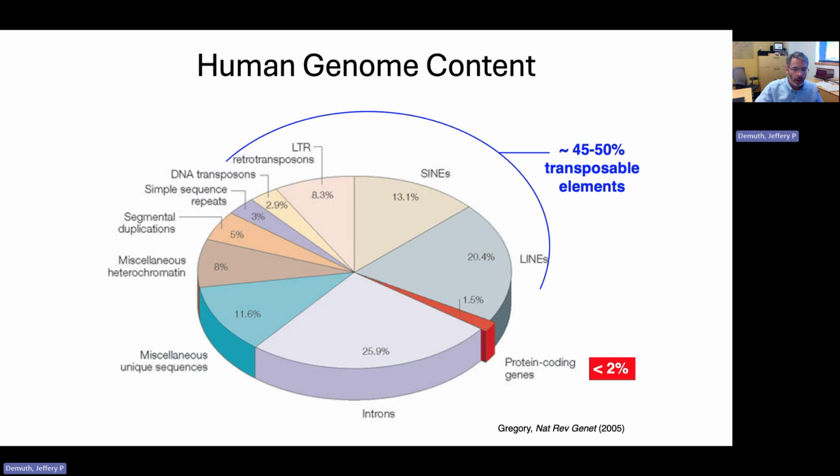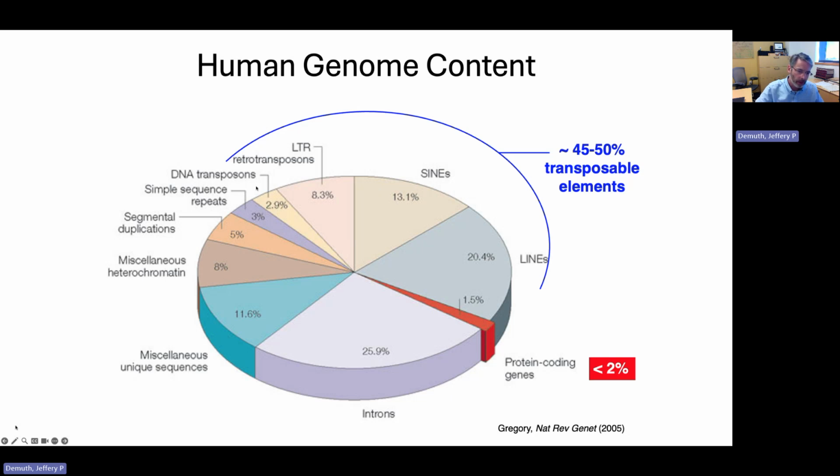If you look at the human genome specifically, somewhere between 45 and 50% of our genome is just transposable element content. So here, like I said earlier, you often see these broken down into subcategories, right? So LINEs, SINEs, and LTRs, these are all retrotransposons, so they have an RNA intermediate. They are the copy and paste, is another term that you'll see used for retrotransposons.